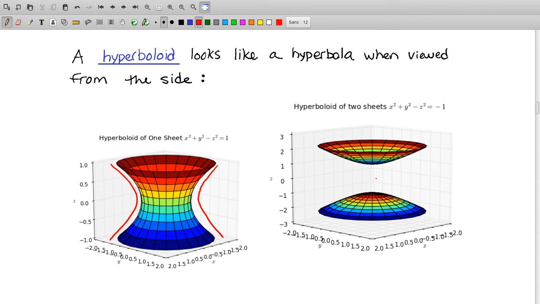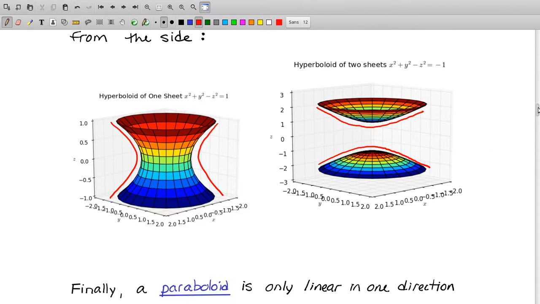This would be a hyperboloid of two sheets, and it looks like an up and down facing hyperboloid. Both of these have been revolved around the z-axis because of my choice of orientation. Again, these are just kind of exotic shapes. We're not going to really focus on them, but you may see them in a homework problem or something, so it's worth putting up a picture.